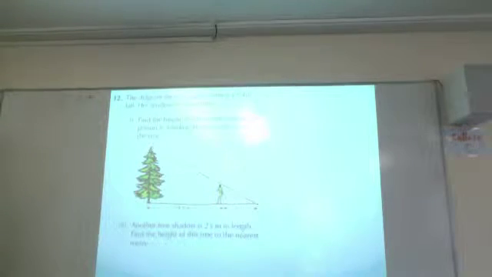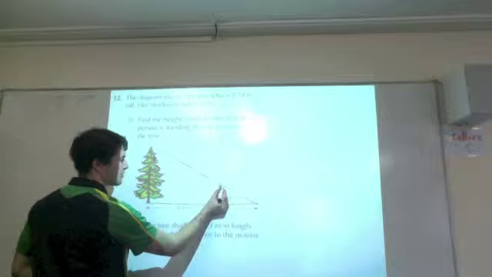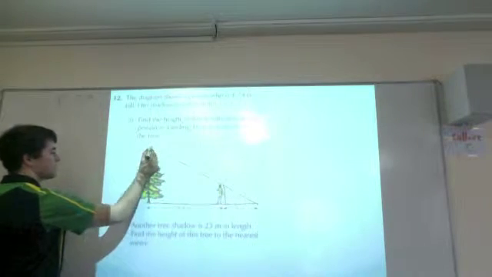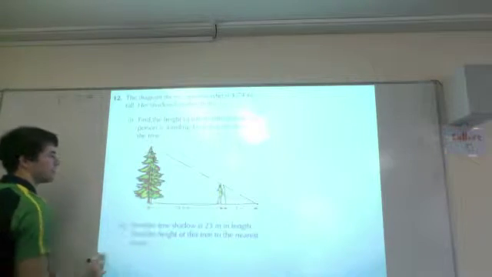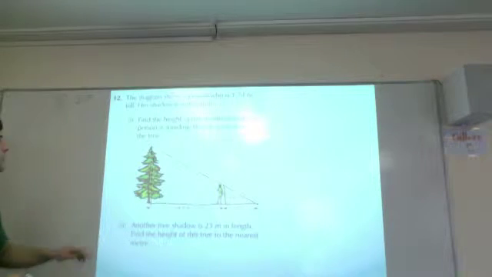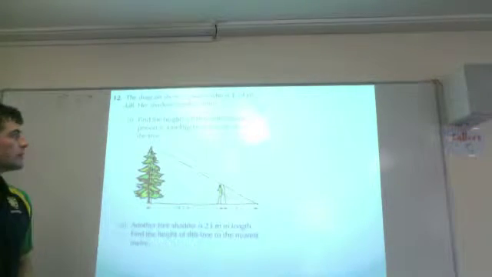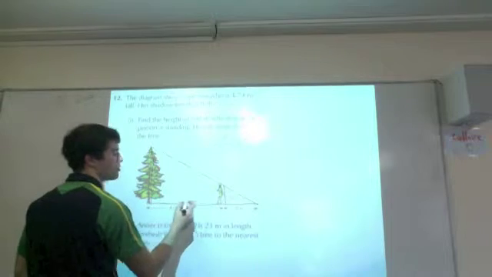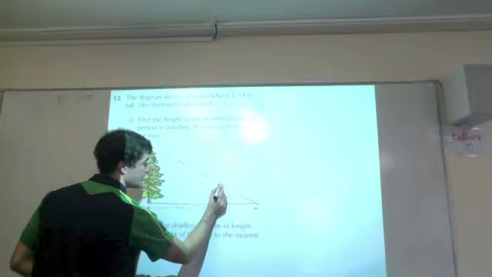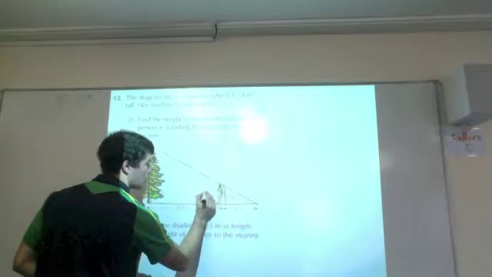Okay, so we have our triangle and we have the height of our person and the height of our tree. Okay, so the diagram shows a person who is 1.74 meters tall. So this height here is 1.74.